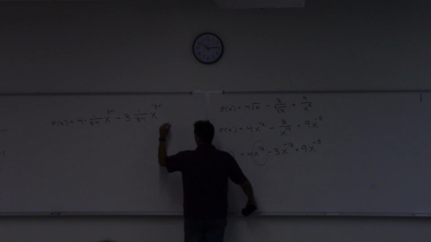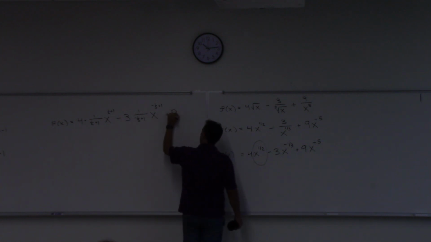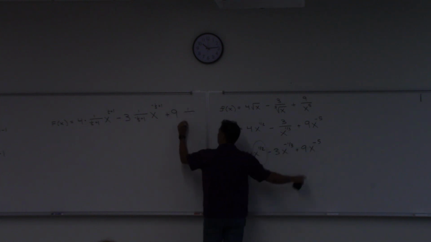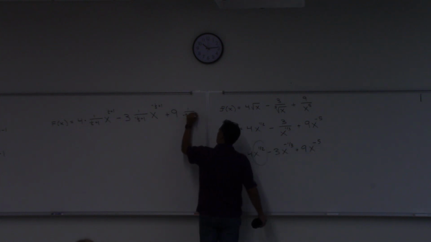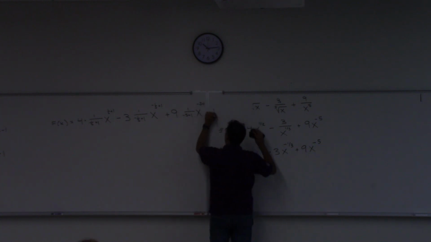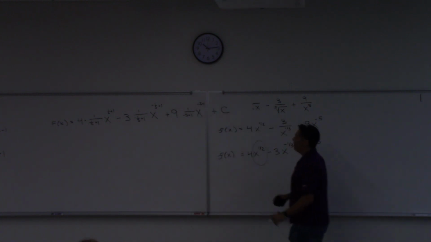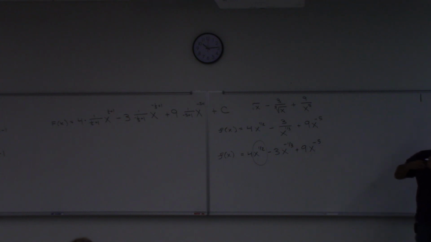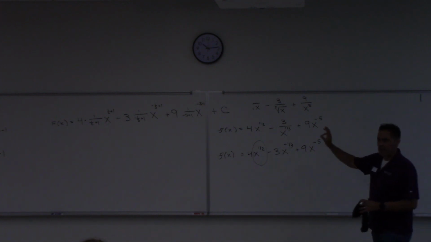Then plus 9 comes for the ride, and then 1 over the power is negative 5, so negative 5 plus 1, x to the negative 5 plus 1, and then my plus c. Now, you don't have to write all that down. If you can do all that arithmetic in your head, that's fine. This is the beginning of this, so I just want to make sure I have every little detail up there.